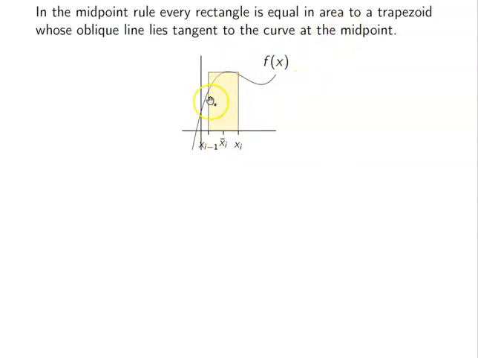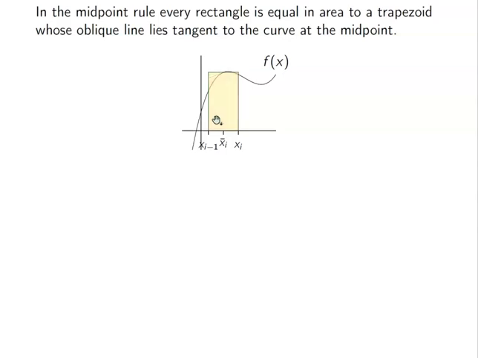What I'm claiming here is that the area of this midpoint rectangle is equal in area to a trapezoid formed if we drew a tangent line at the midpoint. At x bar i, if I drew a tangent line that stopped at the left-hand endpoint and the right-hand endpoint, and I turn that into a trapezoid, these two shapes have the same area.